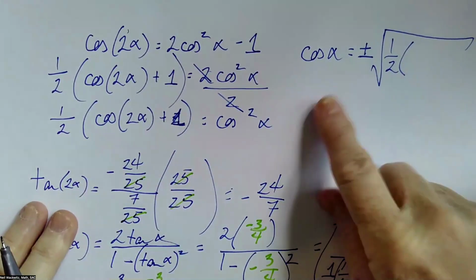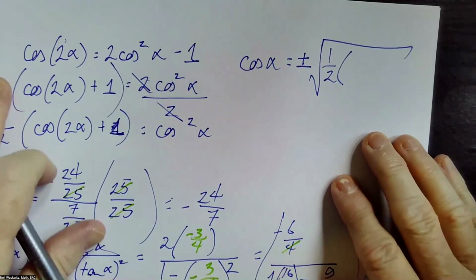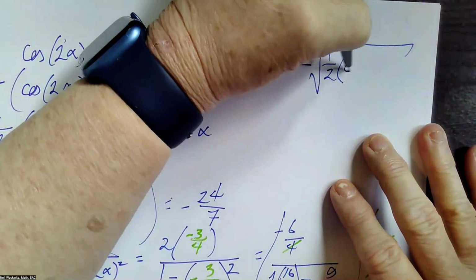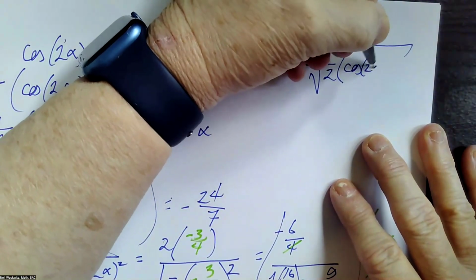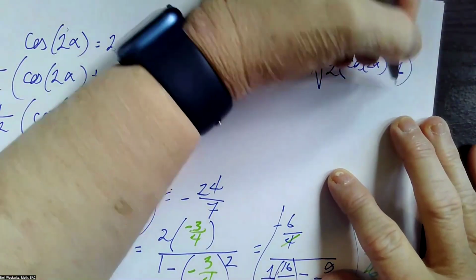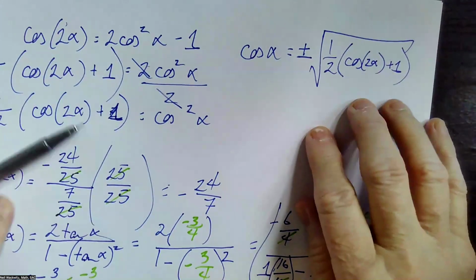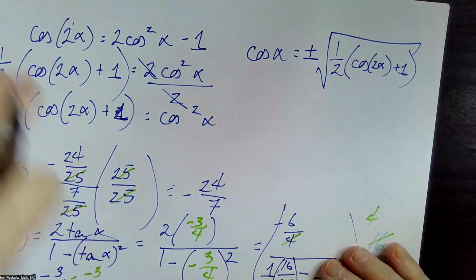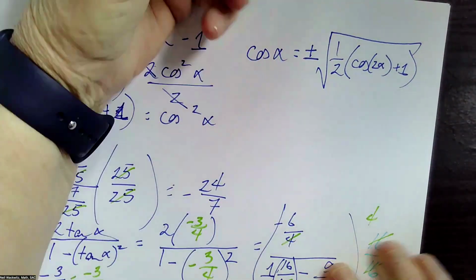So we've got that cosine alpha is the square root of 1/2 times cosine 2 alpha plus 1. But now we're going to do the happy thing that we can do with math.